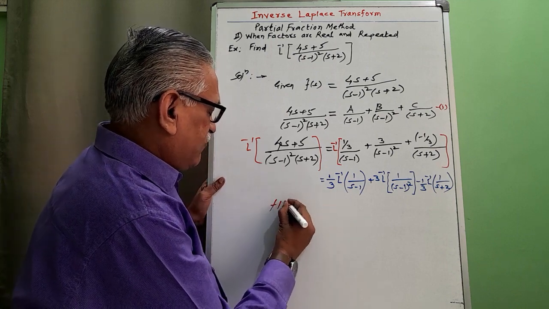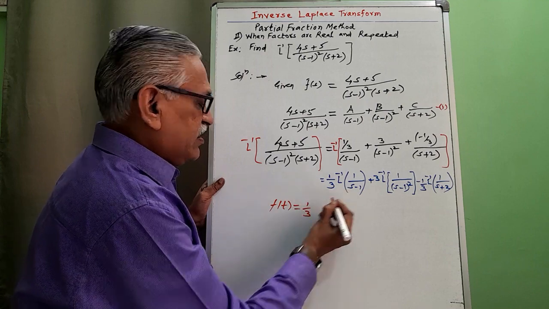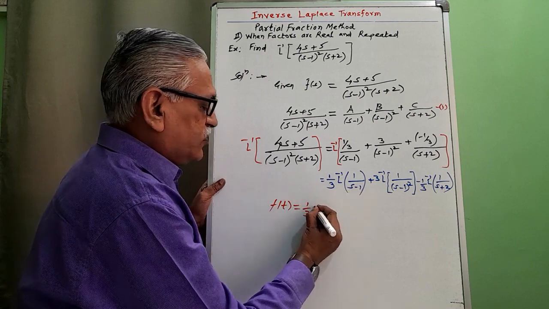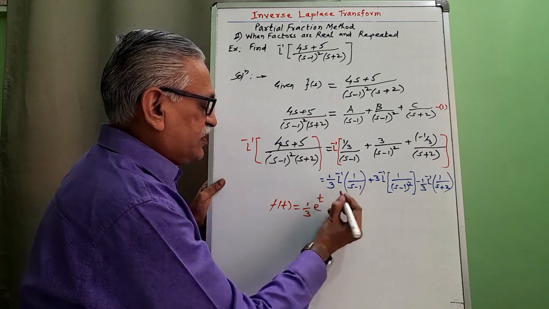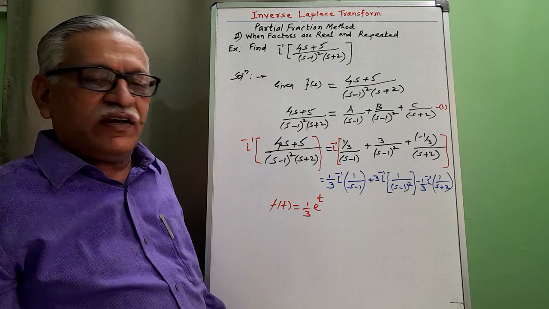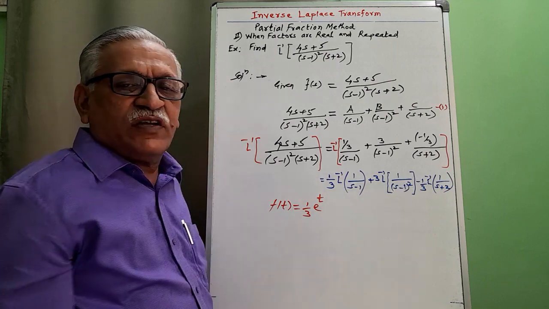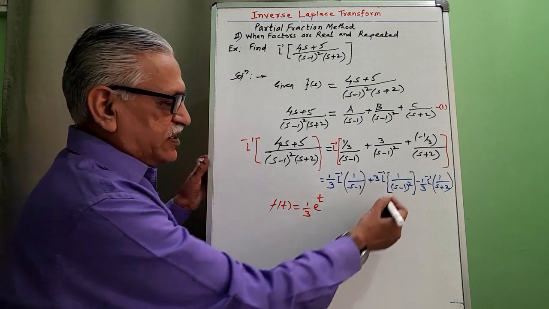Here it is f of t on the left hand side. 1 by 3 inverse of this is e raised to at. a is 1, therefore it is e raised to t. For s replaced by s minus 1, and it is a bracket square, therefore it becomes a problem of the shifting theorem.